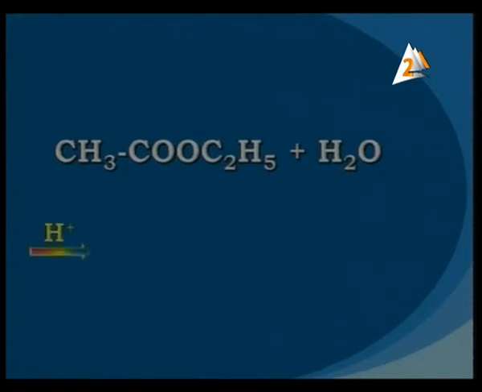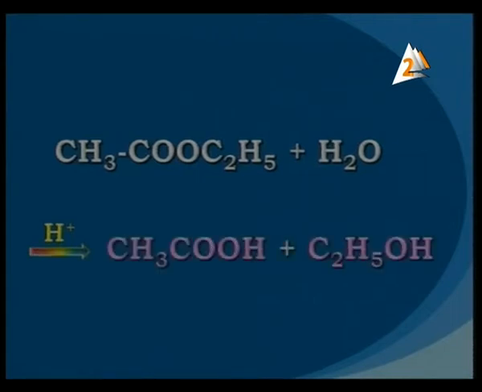This is a reversible reaction with H+. Now you have acetic acid, CH3COOH, and at the same time C2H5OH, alcohol. It's good to obtain this type: the ester gives acetic acid and alcohol.